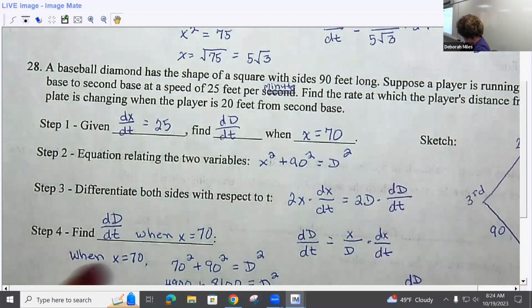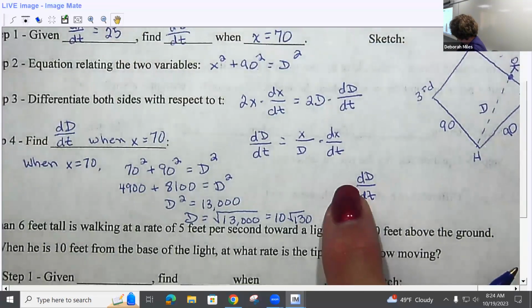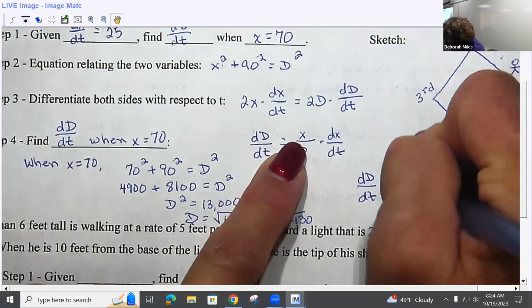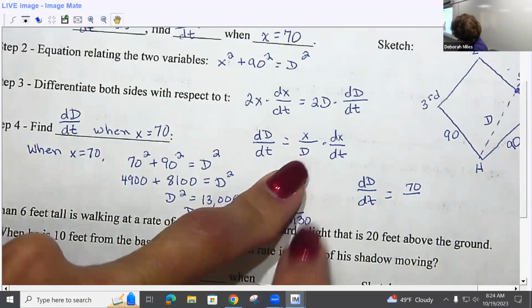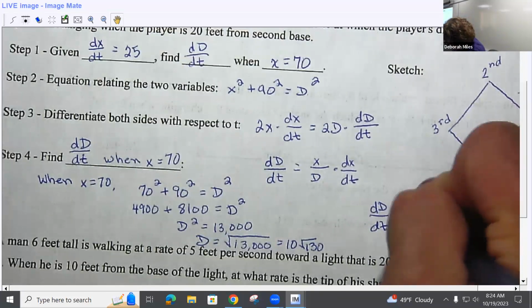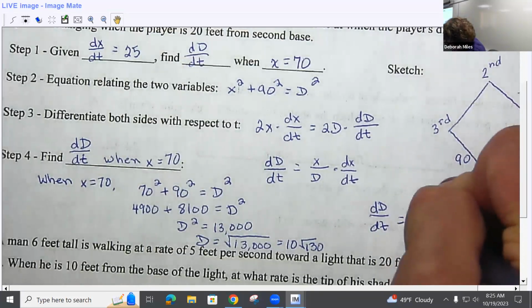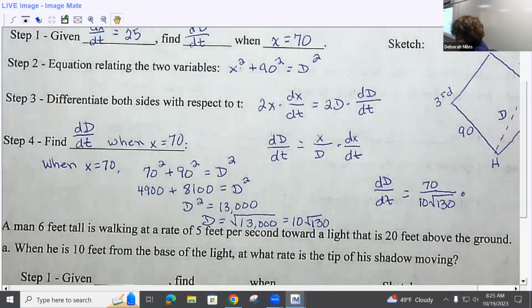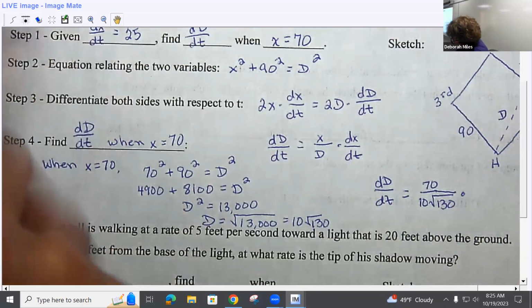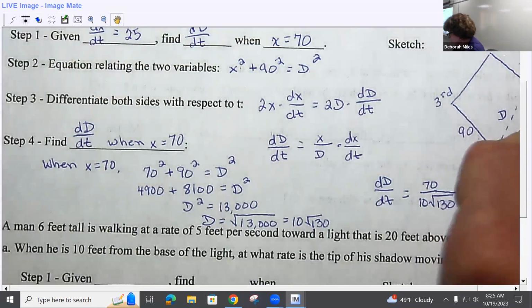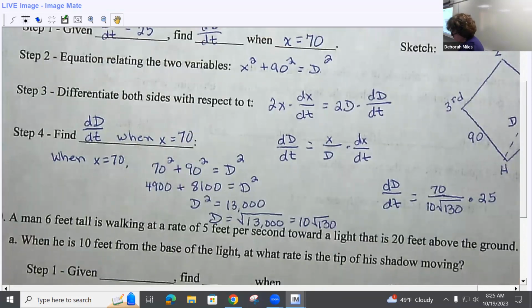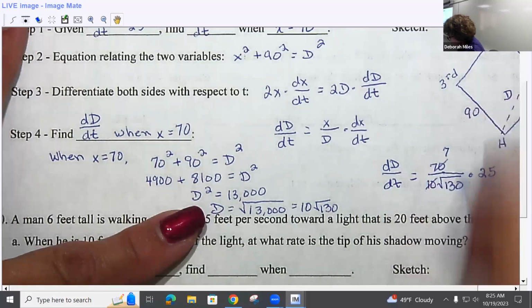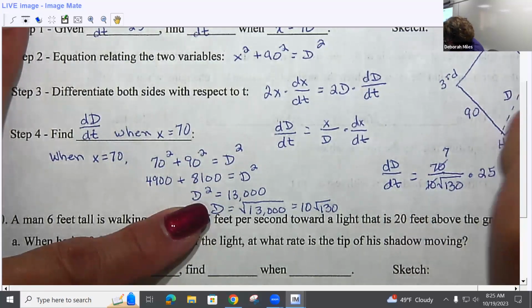The derivative of d with respect to t is this x, which is 70, divided by this d we just found, 10 square root of 130, times the rate of change in x we were given, which is 25. 10 goes into 70 seven times, and 7 times 25 is 175.